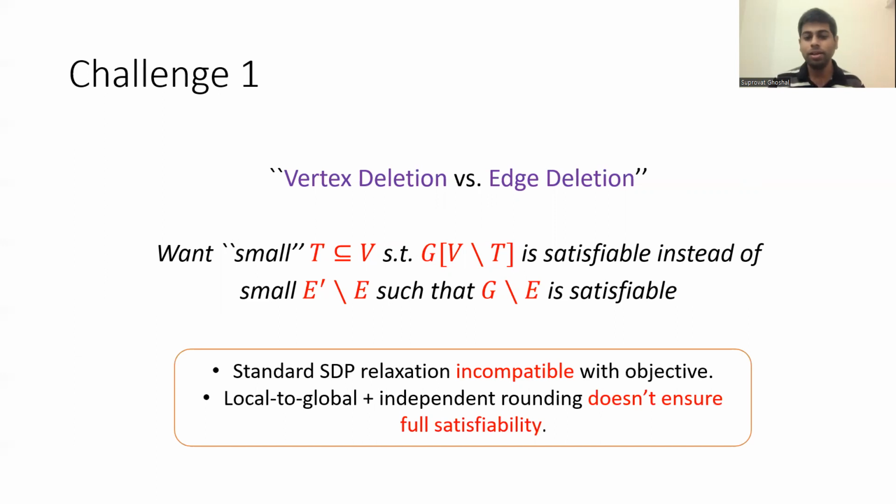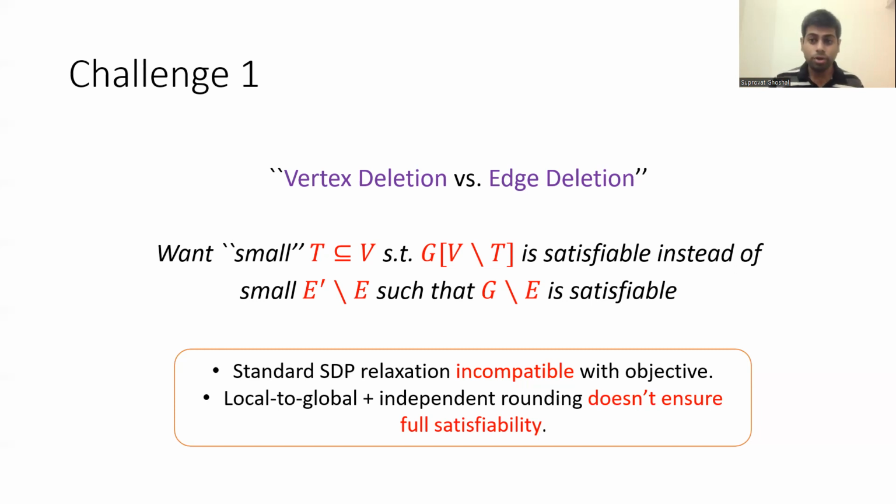For example, previous results mostly rely on some sum of squares lifting of a standard SDP relaxation for the max CSP. And typically, these SDP relaxations only care about the number of edges that will be left unsatisfied, and they are not tailored towards trying to minimize the number of vertices which are incident on unsatisfied edges.